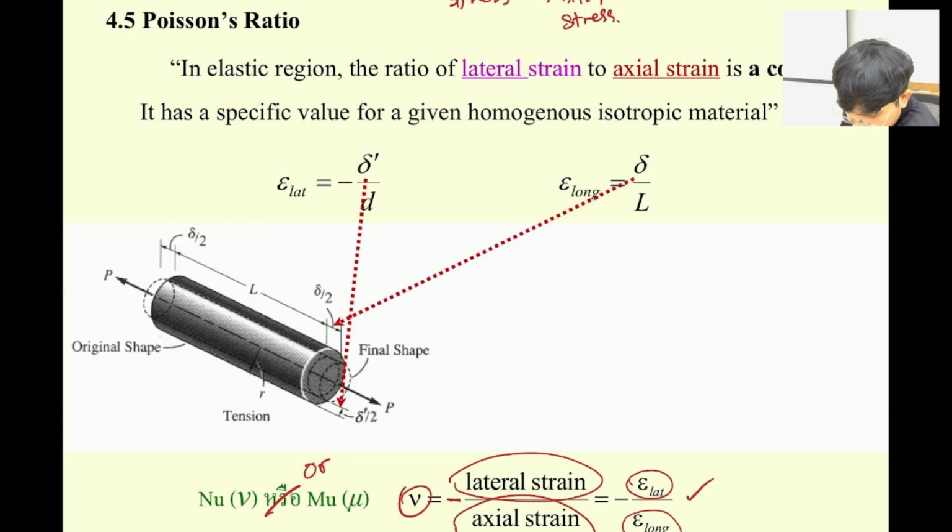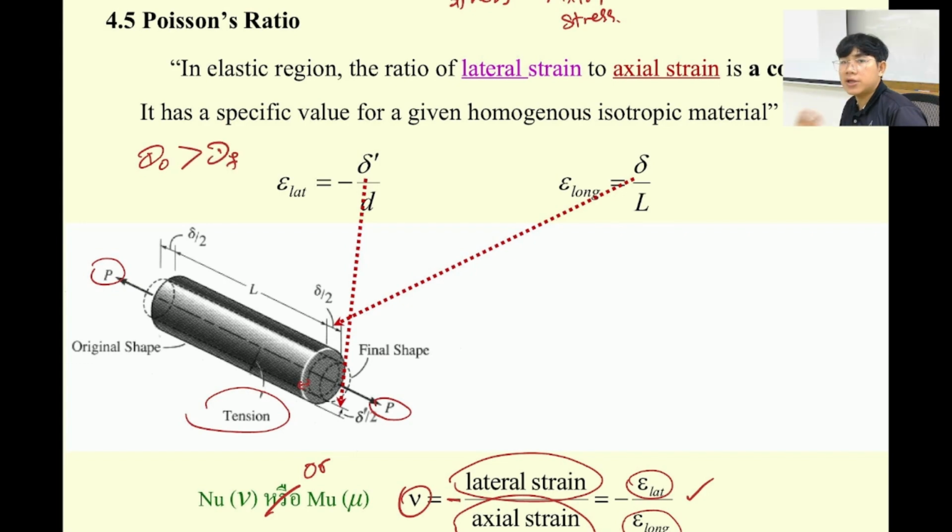For the tensile members, when you pull it like a rubber, for example, there will be some change in diameter, where the original diameter D0 is going to be larger than Df. When we find the deformation over here, it is going to have a minus sign.